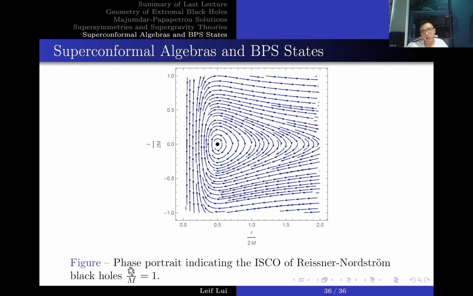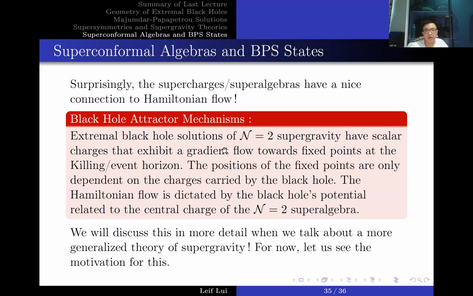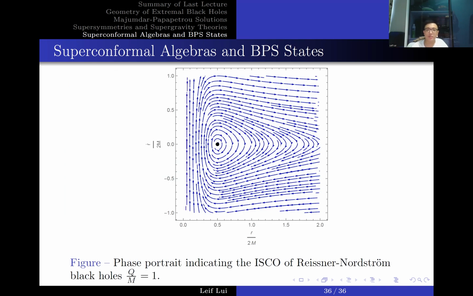However, we did not try to change the charge, and we didn't see much difference in the fixed point. This is because in the black hole attractor mechanism, they not only have electric charge, but they also have magnetic charge, which seems to imply the existence of magnetic monopoles. So this is quite an interesting connection between supergravity theories and general relativity.